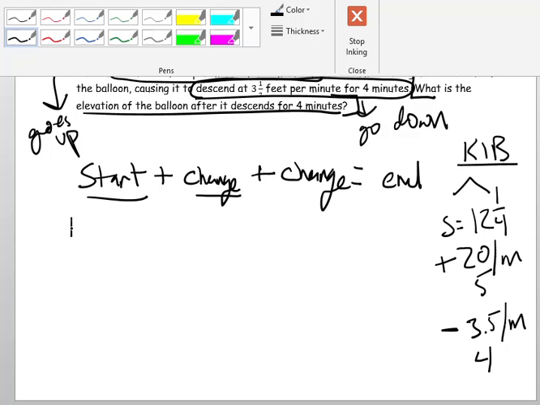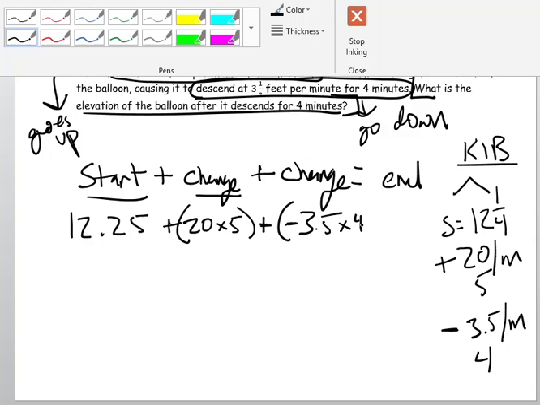So I'm going to do 12.25 plus 20 times 5 plus negative 3.5 times 4. It's going to equal my end.